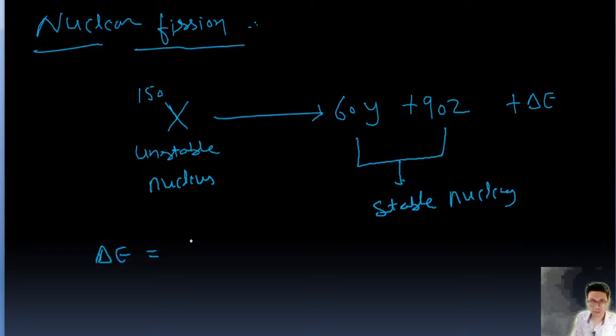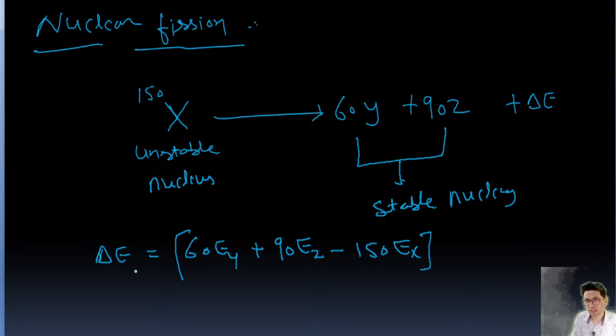This energy is 60 into energy of Y plus 90 into energy of Z minus 150 into energy of X, or we can write delta E, important formula, mX minus mY minus mZ, into c square.